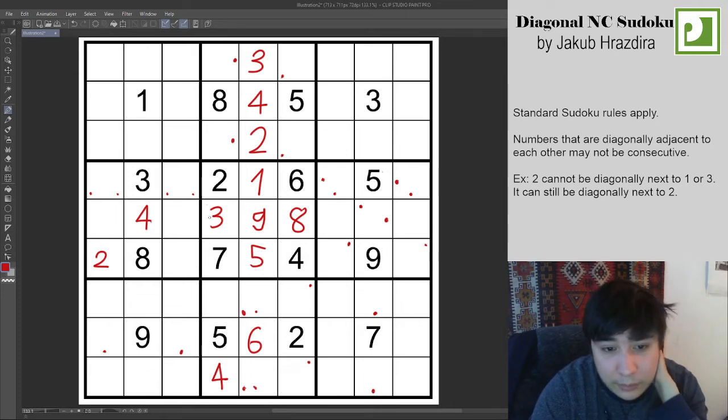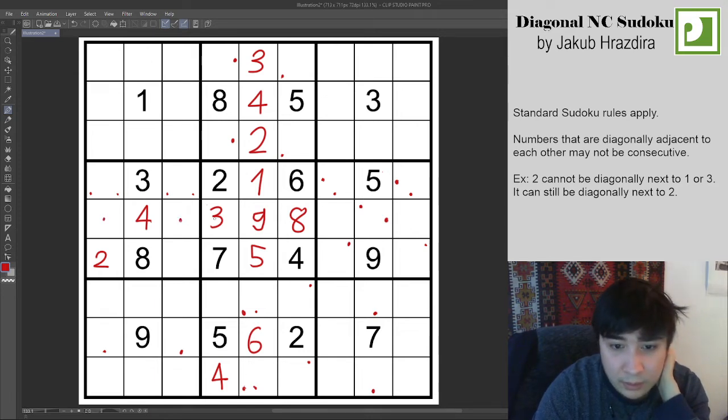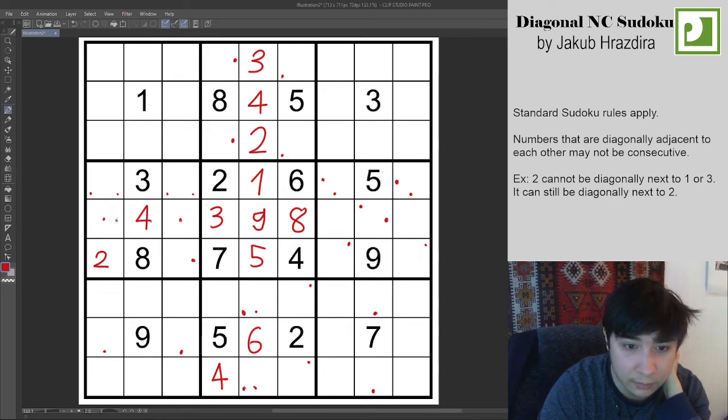Nothing on 1s yet, still. 5s definitely have to be in the middle. Sixes, well, they just can't be diagonally adjacent to the 7 here. So the 6 pair would go like this.